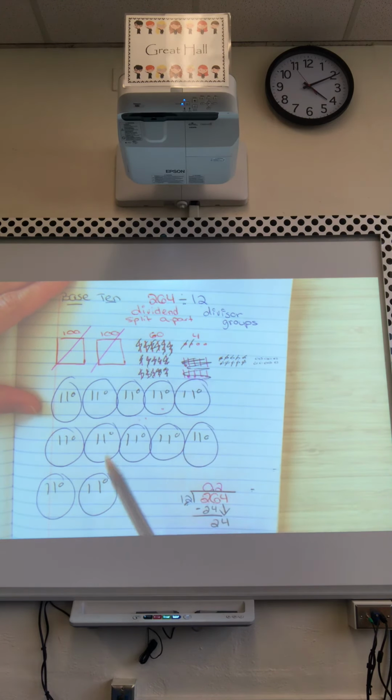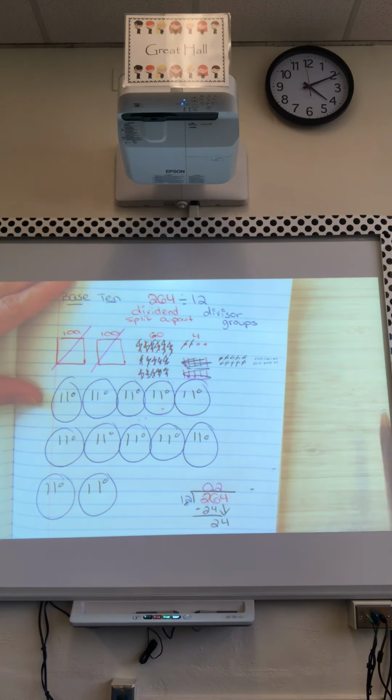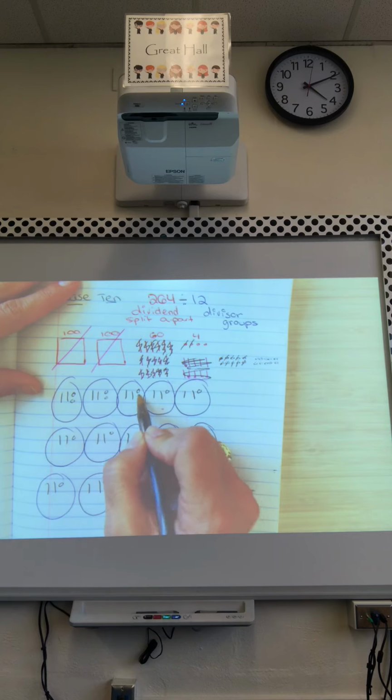Now, I did it once all the way around, but I think I have enough to do another one. I have 10, 11, 12 left, so that means I could do one more set of 12.